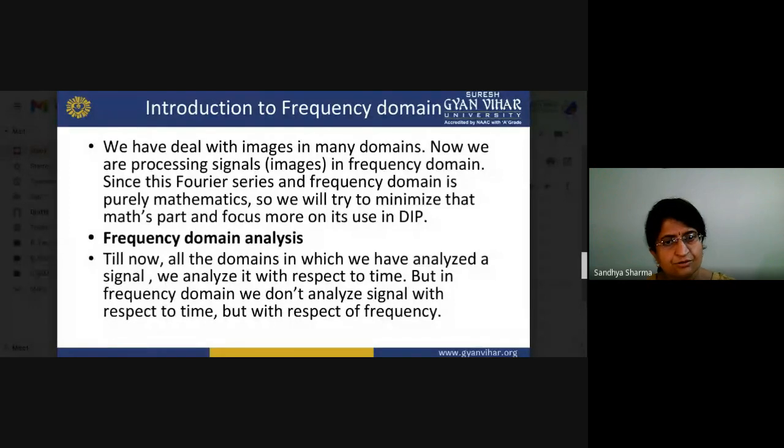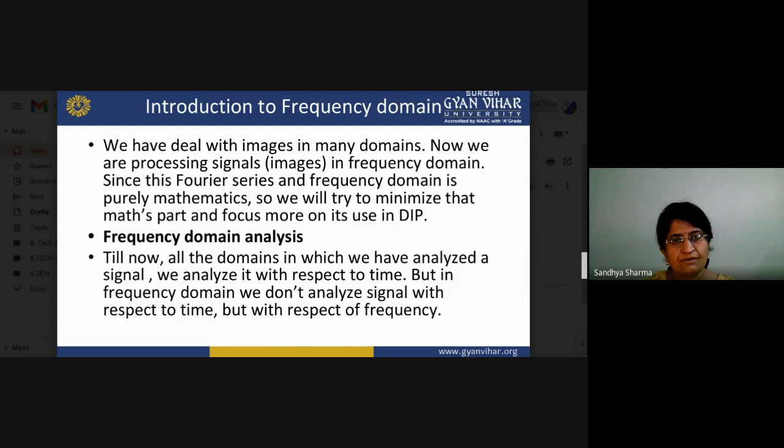We have initially seen that the box filter and mean filter are used for image enhancement in the spatial domain filters. Today we will start with the frequency domain analysis, which is not with respect to time, but only with respect to frequency.